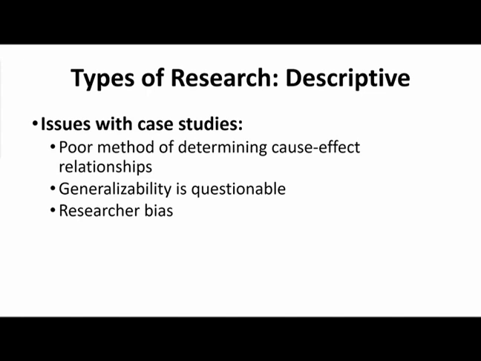And the last one that we have that's really important with case studies is researcher bias. So in the case of a case study, you usually have one individual or a specific group of individuals or that particular event that are being studied by one or a few researchers.